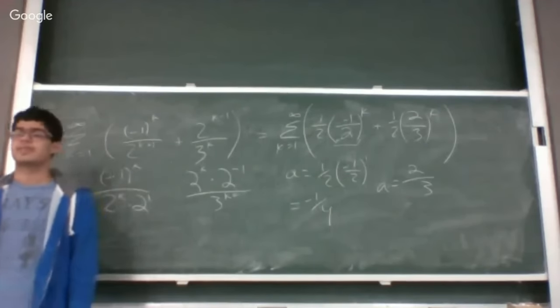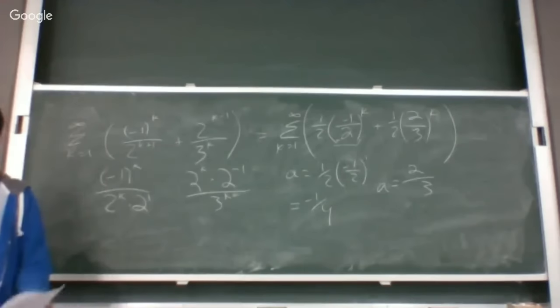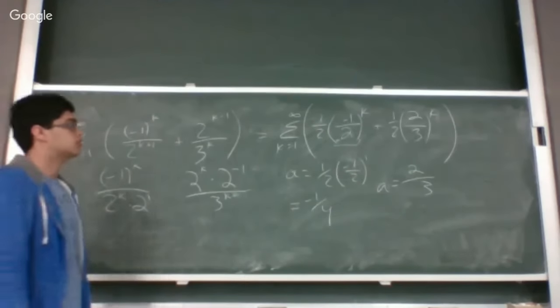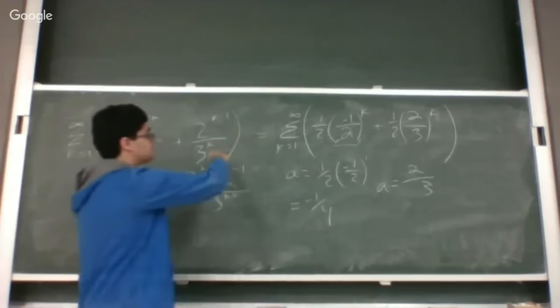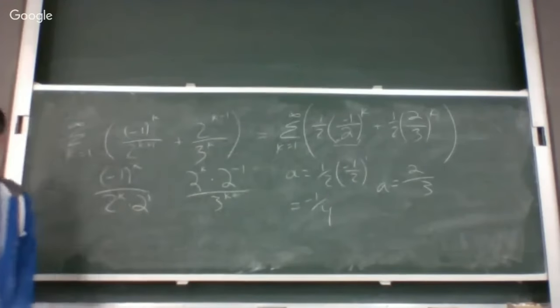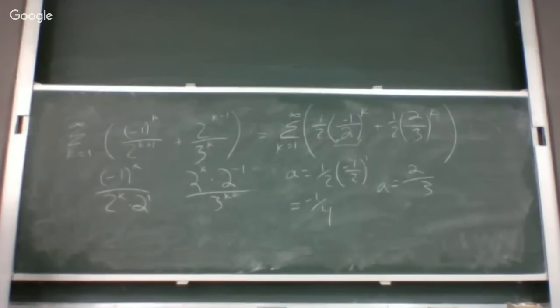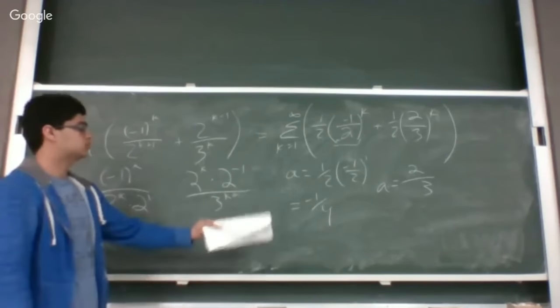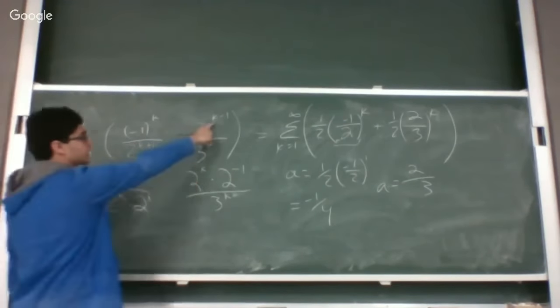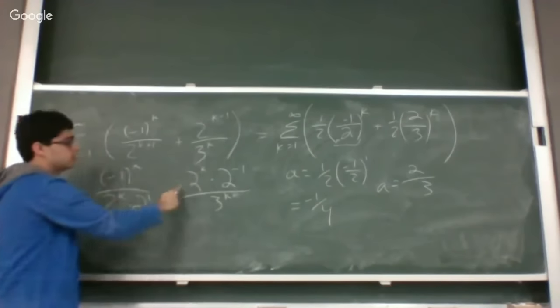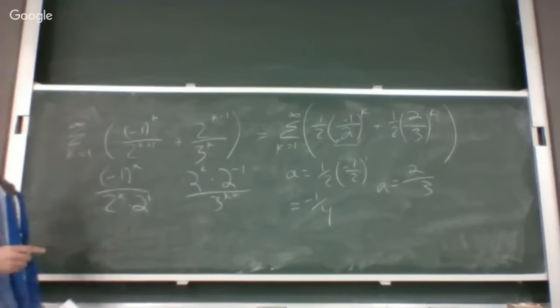Why is the 1/2 up front with the 2/3? That's just because to get them to the same exponent, I did that. Because of the k minus 1 there, you have to do 2 to the k minus 1, so that negative 1 is just going to be 1/2. So 1/2 is like your A for the second part.